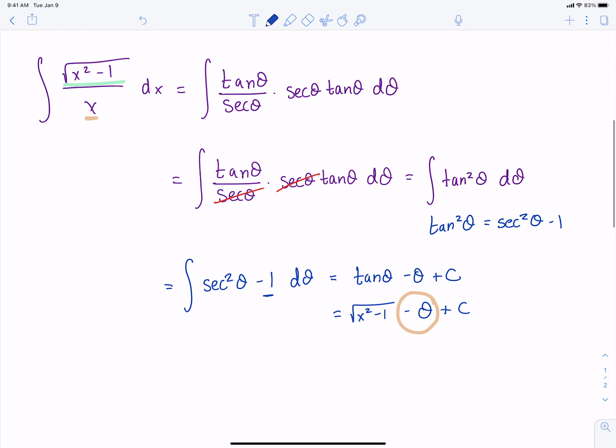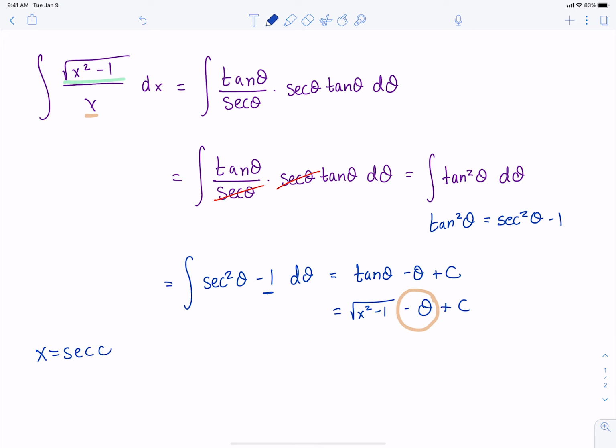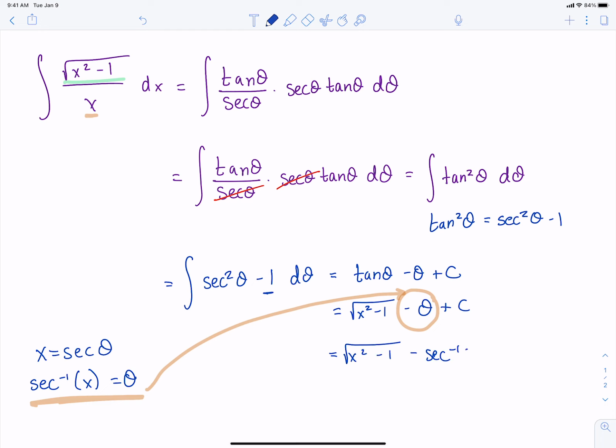That x is equal to secant of theta, and if we use our inverse functions, the inverse secant of x is going to be equal to theta. So we can plug that right into our answer. And so we're going to get the square root of x squared minus 1 minus inverse secant of x plus c.